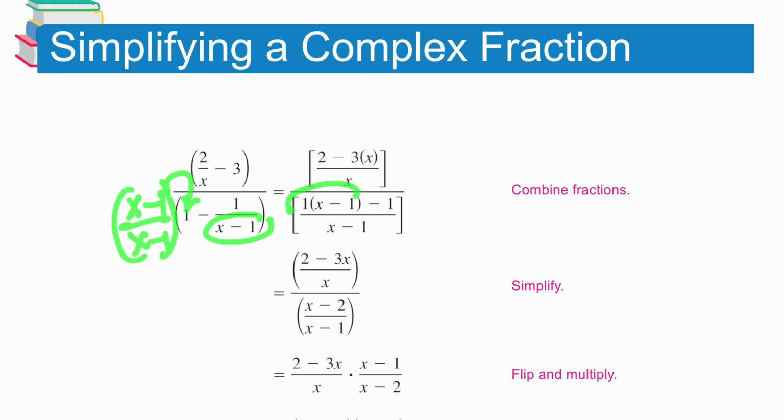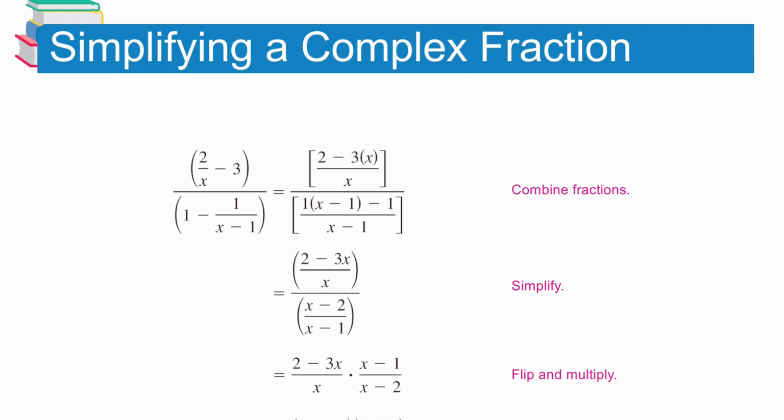And so that's why we got the 1 times x minus 1 in the top part so that we could have the x minus 1 in the bottom part. And then we're left with the minus 1 right here as well. And then we just say that's 3x, and this is x minus 1, and then minus another 1.